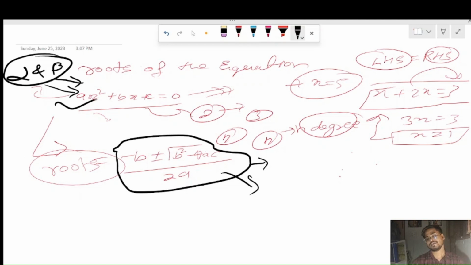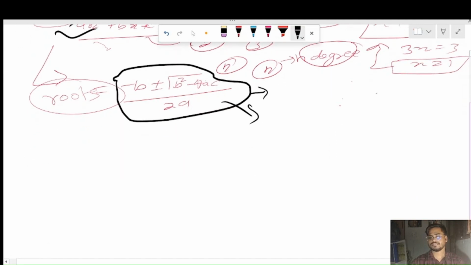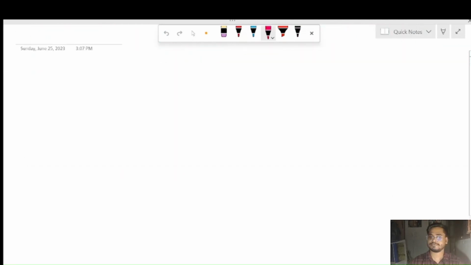Let's take the equation 3x square plus 8x plus 4 is equal to 0.